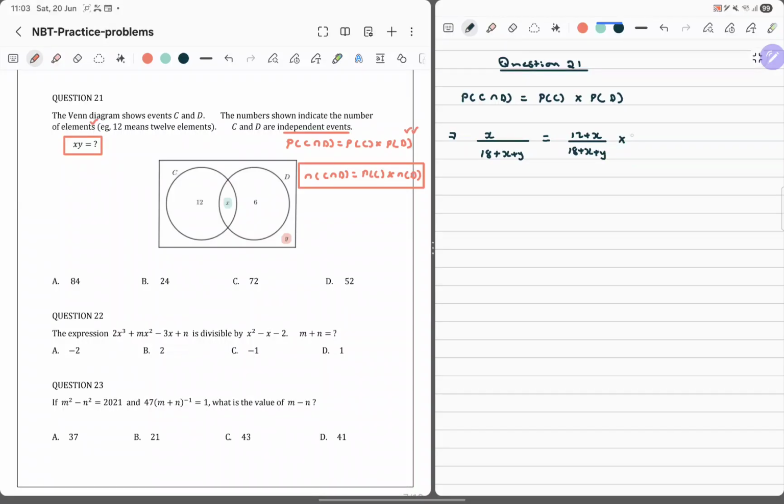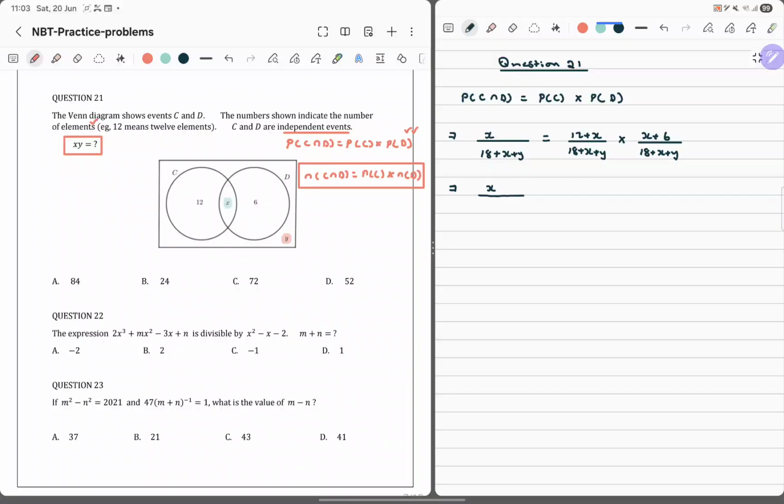This is multiplied by D. So this is x plus 6 all over 18 plus x plus y. Of course, now we've got an algebraic issue, but the nice thing is that we've got a common denominator. But let's first simplify this before we think about that.